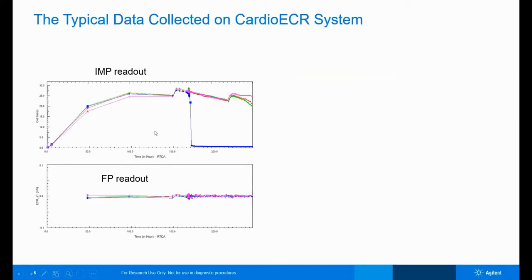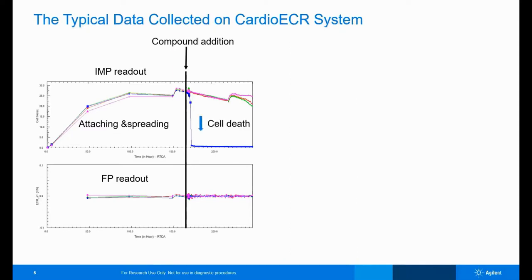Based on this impedance waveform, we can observe cell attachment and spreading right after cell seeding, and cell growth afterwards. After we add compound, if we see a reduction in overall cell index, it suggests cell death. The time course of FP readout doesn't really provide much valuable information.